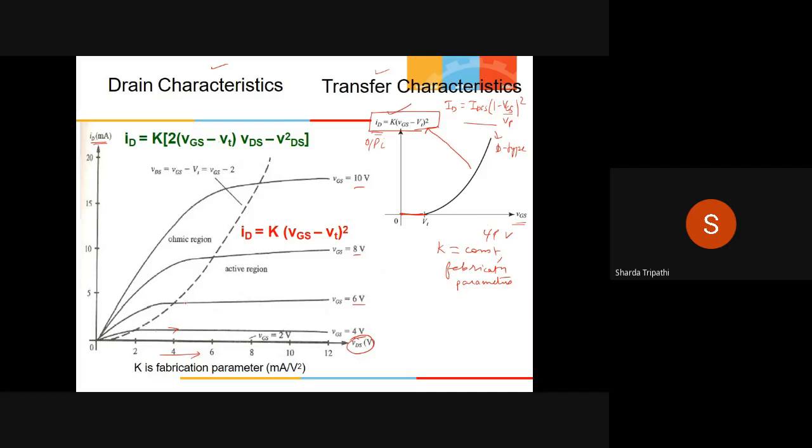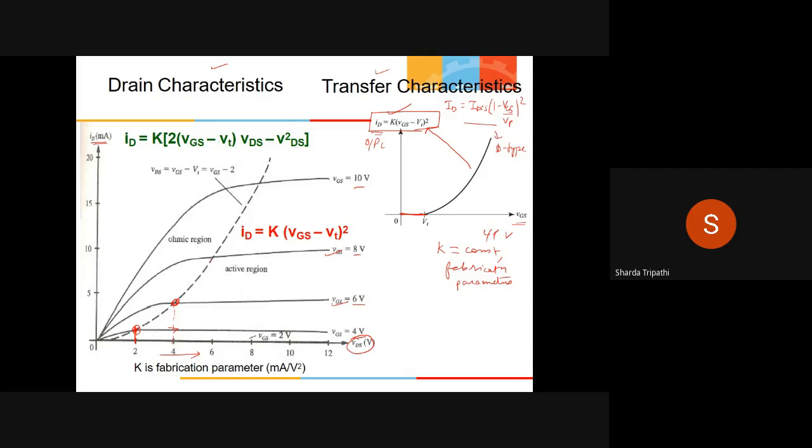The third thing that I want you to observe is that as we increase the value of VGS, the saturation voltage is also increasing. For example, when VGS was 4 volts, around VDS equal to 2 is where the drain current is saturating. But if you increase VGS from 4 to 6, then the saturation voltage moves to a greater value, around 4 volts.